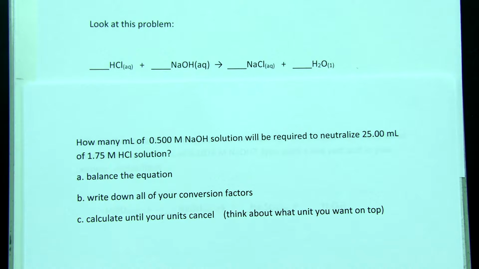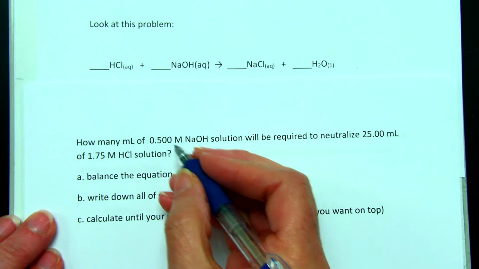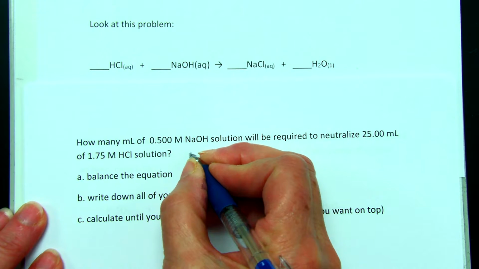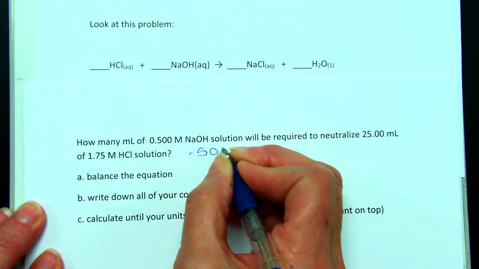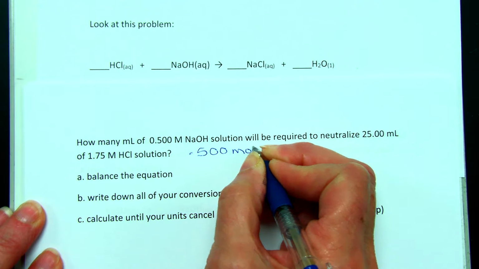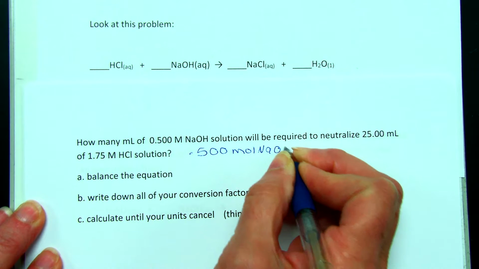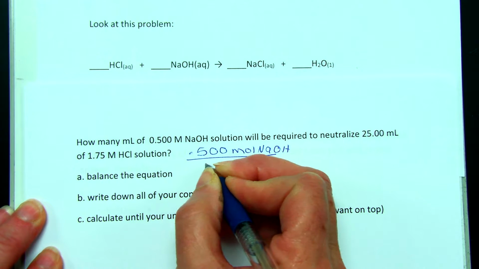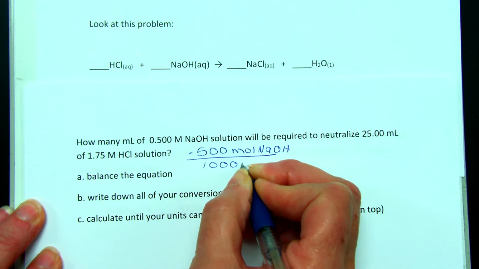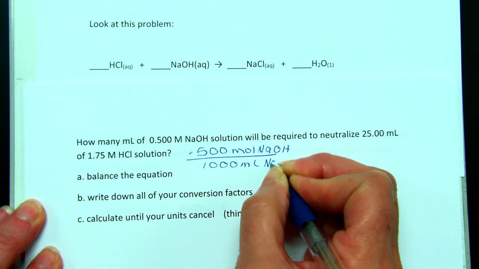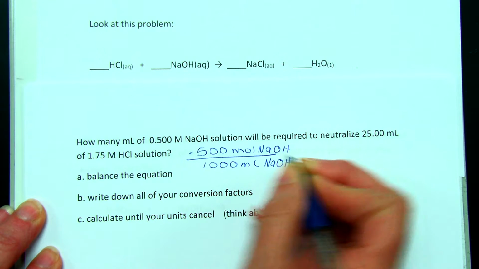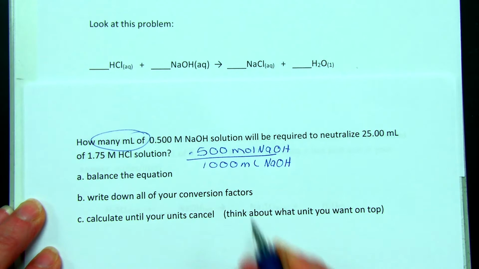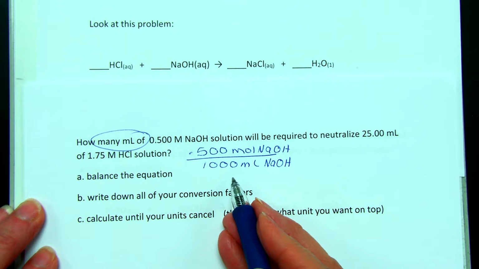I always say that it helps to write down all your factors. And I think in this chapter it helps even more than usual. So let's take the numbers and write them down away from the words. 0.500 moles of sodium hydroxide per 1 liter or per 1,000 milliliters, because I have information in milliliters and I want my answer in milliliters. I'll just convert to milliliters right here.